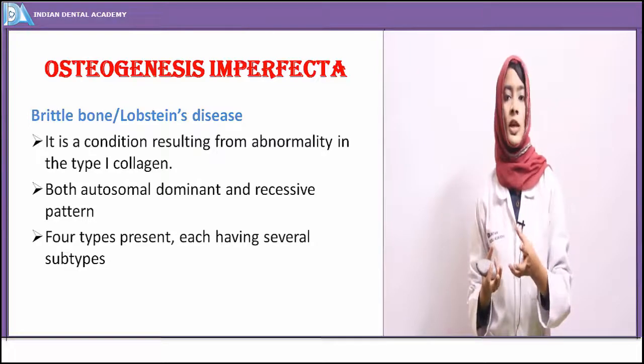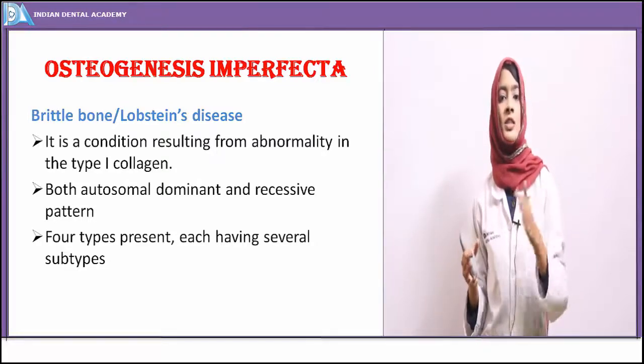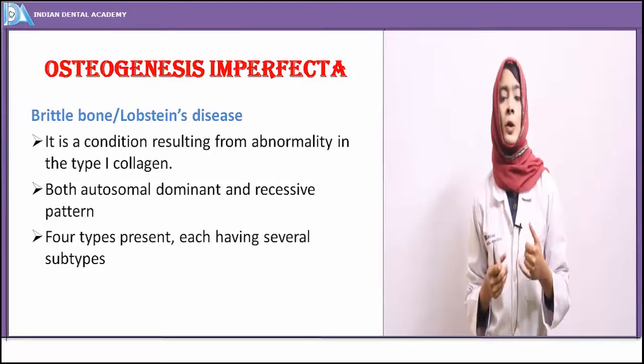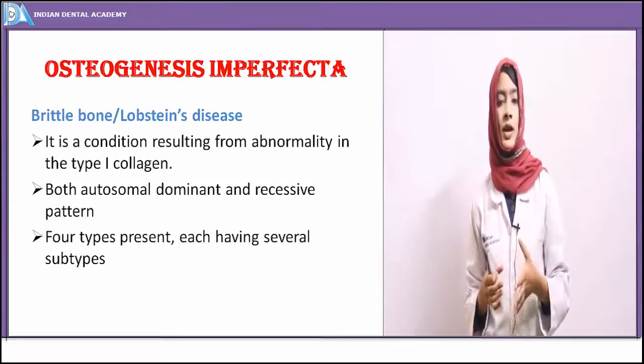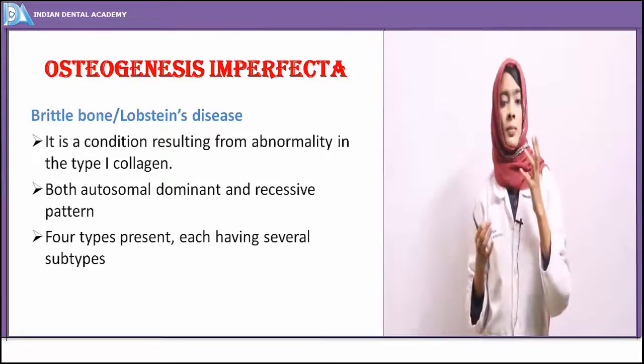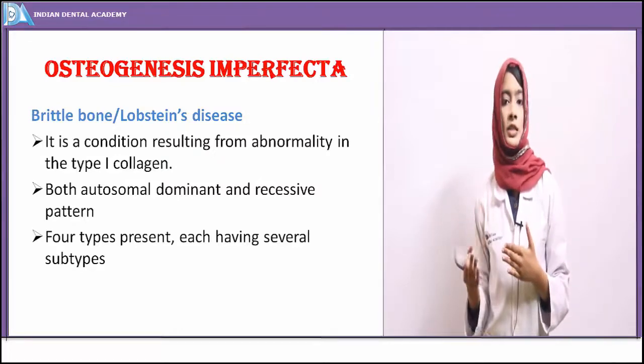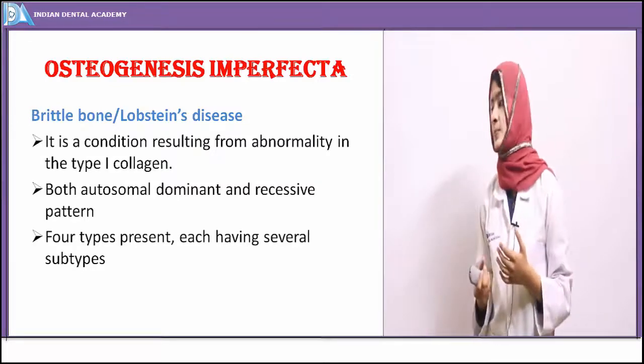Even if type 1 collagen is formed, there is failure of bone matrix and proper maturation of the collagen; the collagen formed may be very immature. Thus it leads to extreme porosity of the bones, weakness of the bones, thereby leading to fractures.